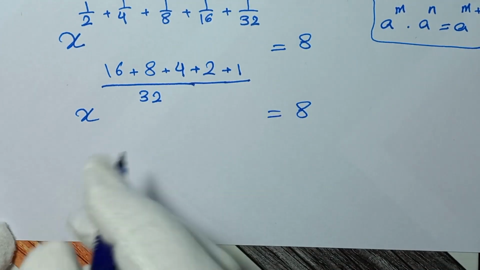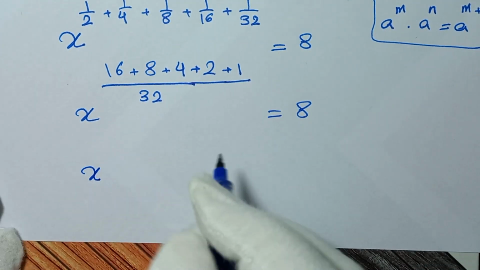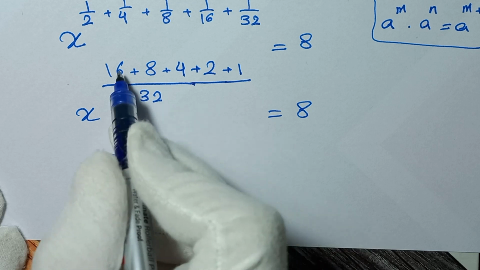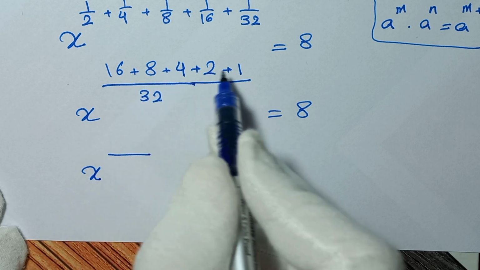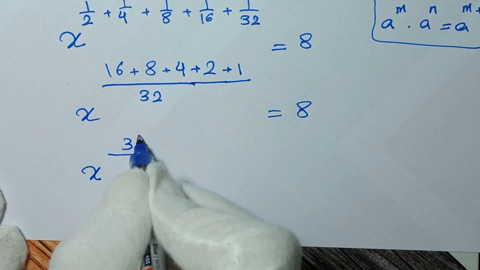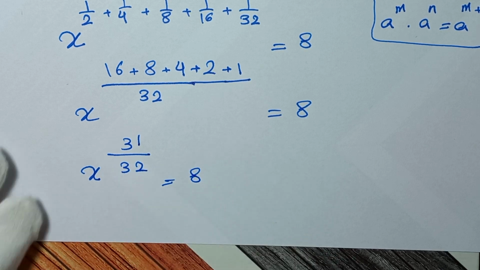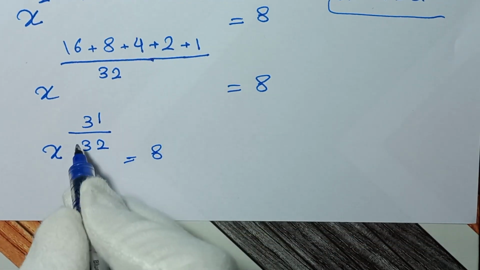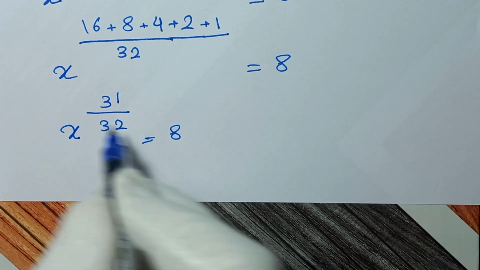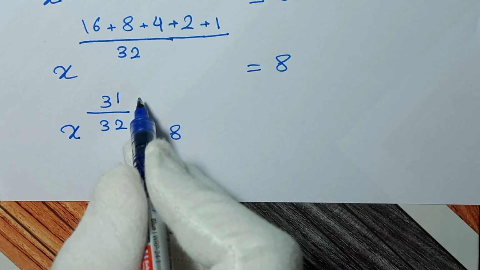And it will be x to the power of, in here, 16 plus 8 plus 4 plus 2 plus 1, it will be 31, over 32 is equal to 8. And we want to find the value of x, so we raise both sides of this equation to the power of 32 over 31.